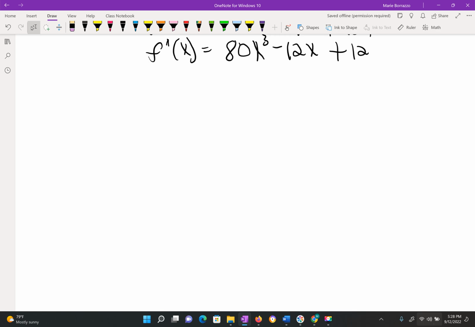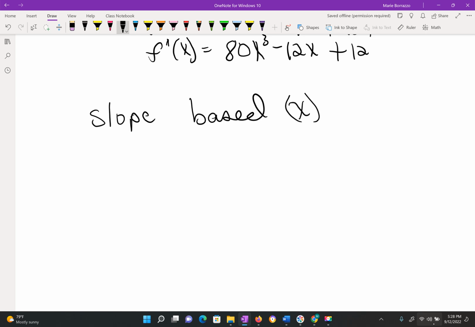Like if I had a master key to this building, what would it do? Open every, yeah. So think of it like a master key, but what it does for you is it gives you the value of the slope based on x. Okay, so I'll show you as we go through the example what it means.